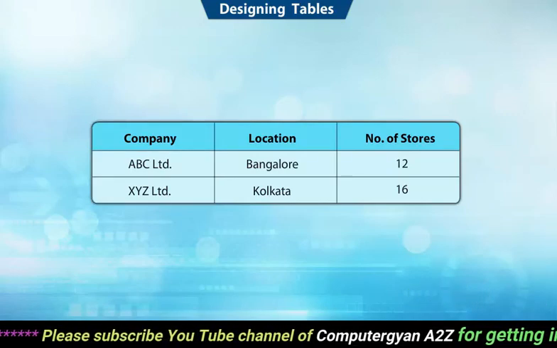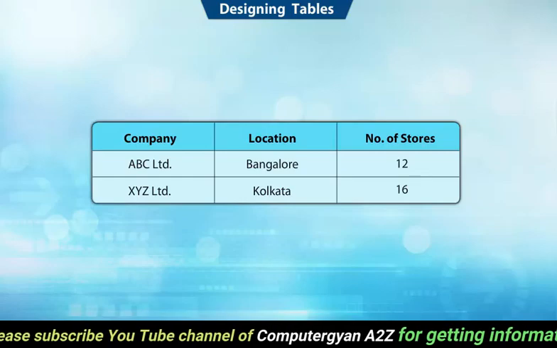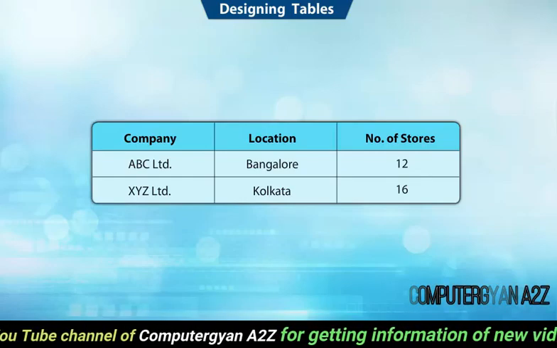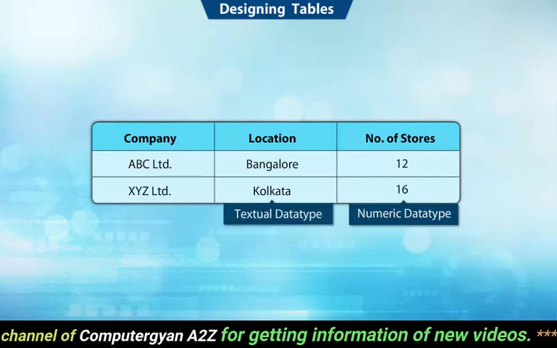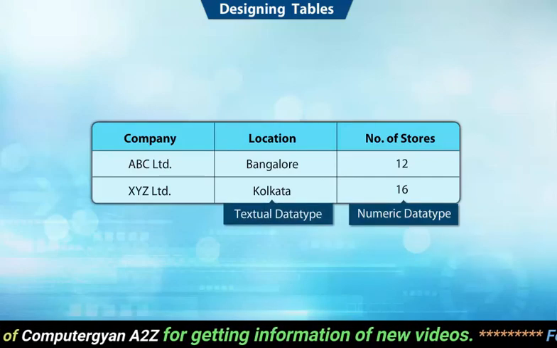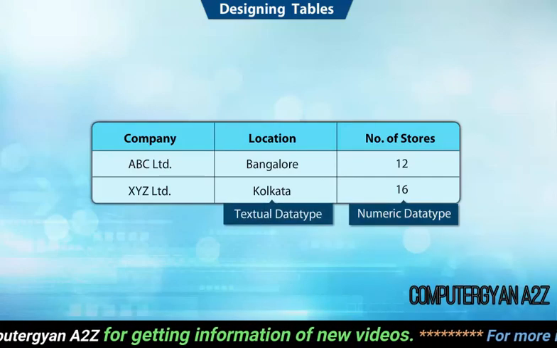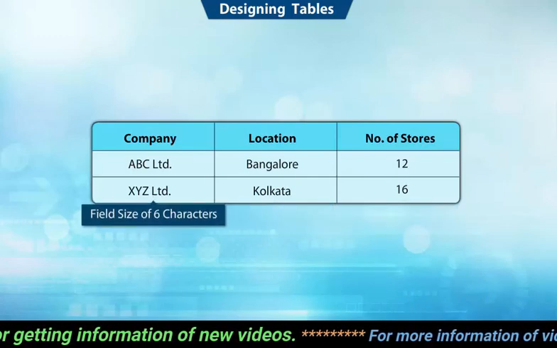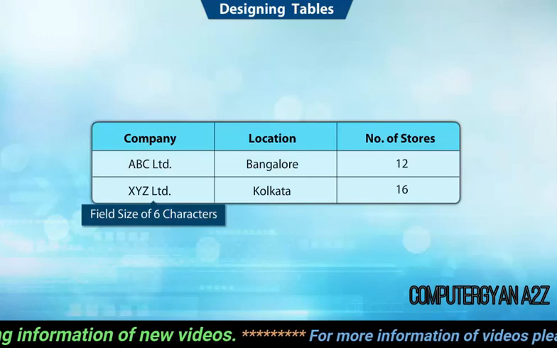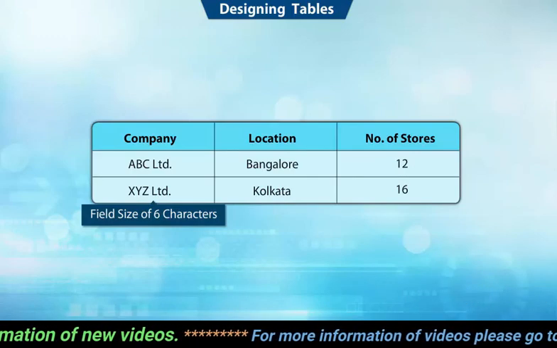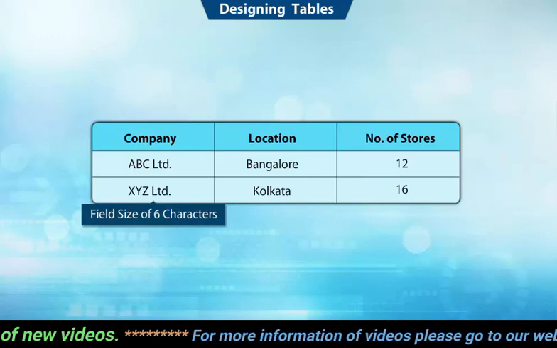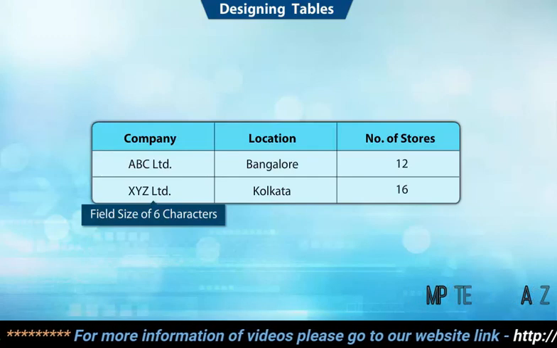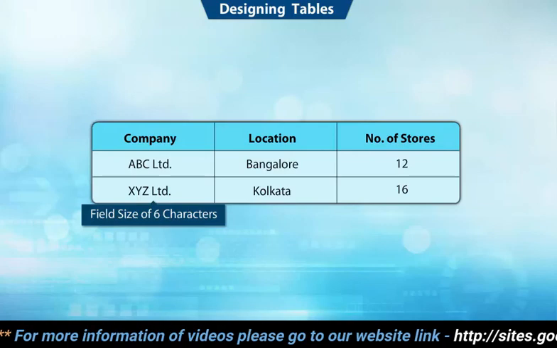Field type indicates the type of data that will be stored in the fields. Data types can include numbers, text, memo, date, time, hyperlink, etc. Field size defines the maximum length of the data that can be stored in the corresponding fields. Field sizes need to be set for both text as well as numeric fields.